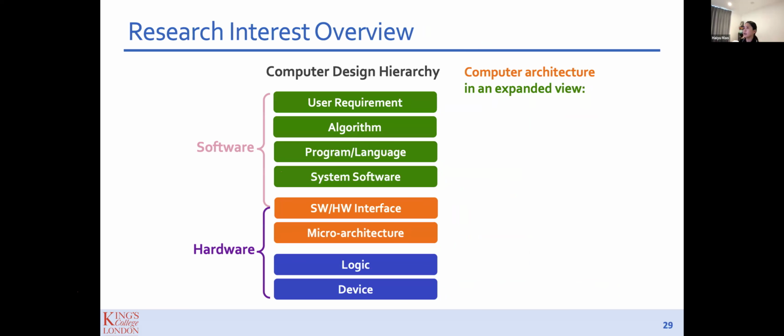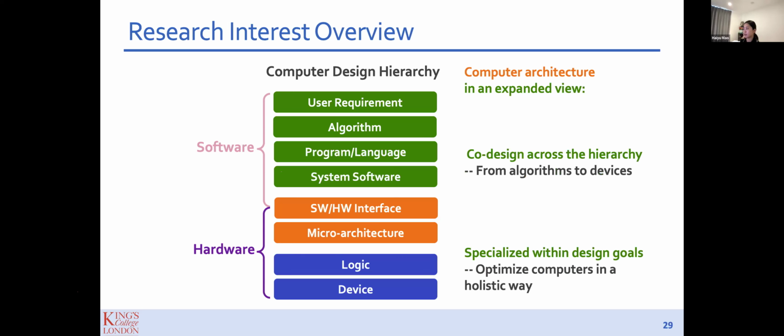So that's why we need to consider computer architecture in an expanded view, meaning that we need to have knowledge of both the software side and the hardware side. Then we can co-design across the hierarchy from the algorithms to the devices and specialize within design goals to optimize computers in a holistic way.